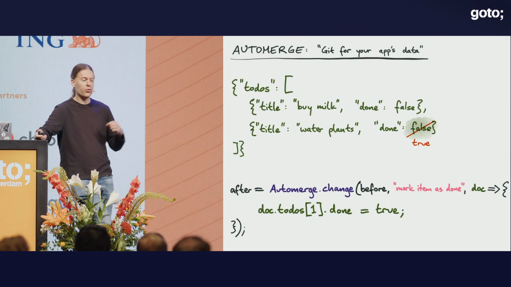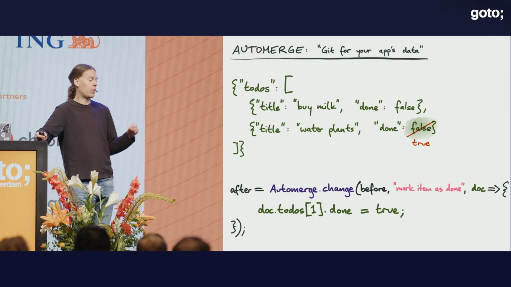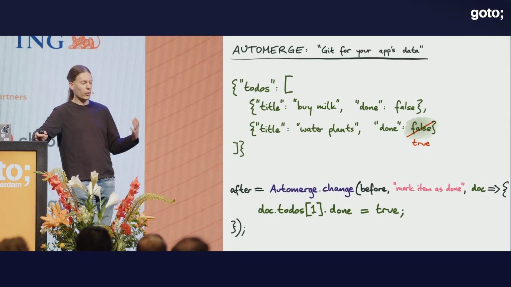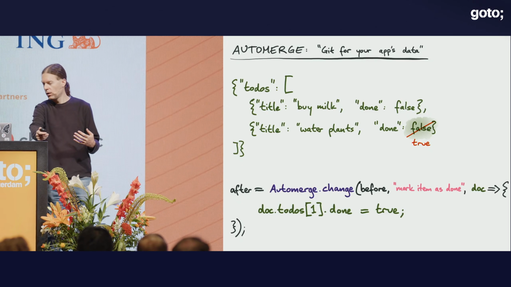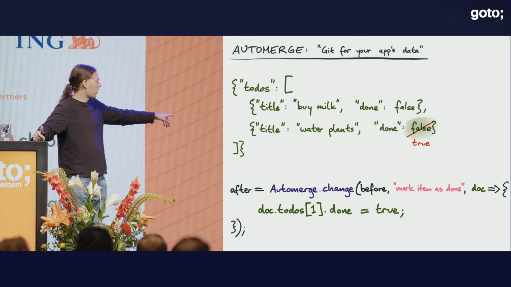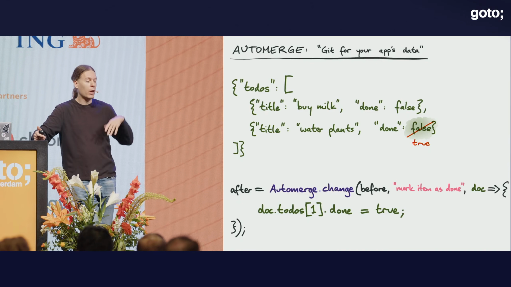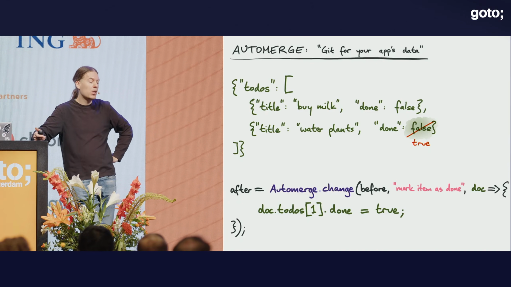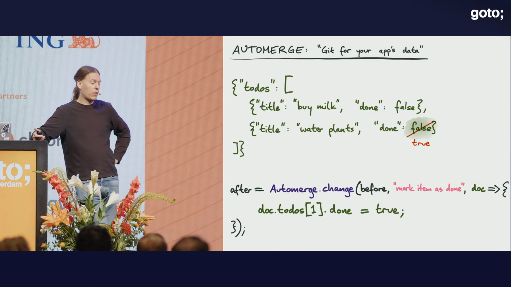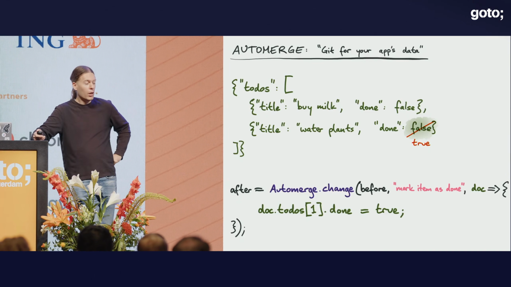So let's say that watering the plants has been done, and so this done field wants to be updated from false to true. The way you would do that in the JavaScript down here is doc.todos[1].done = true. Just a very straightforward, mutable API for modifying this JSON document.